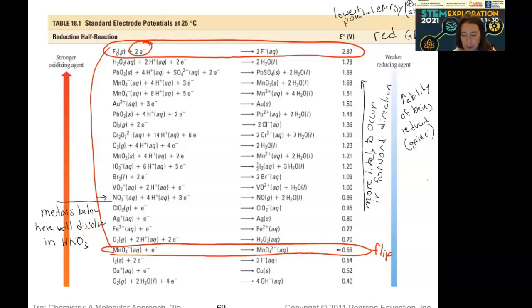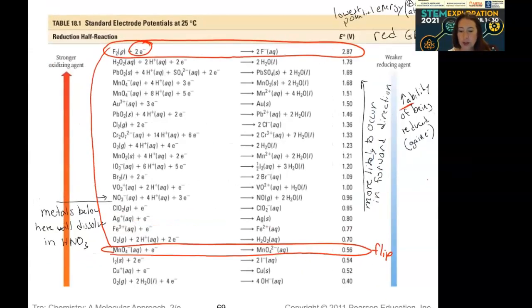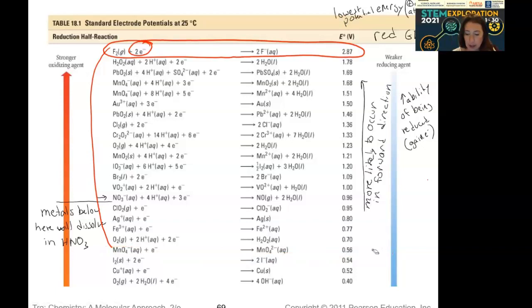When we flip the reaction, we flip the sign. We're going to talk more about this. Again, the higher it is, the more positive it is, the lower the potential energy. All these ways to say this: the greater the ability of being reduced.